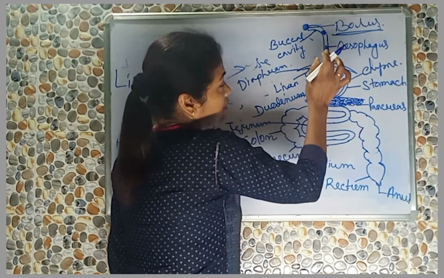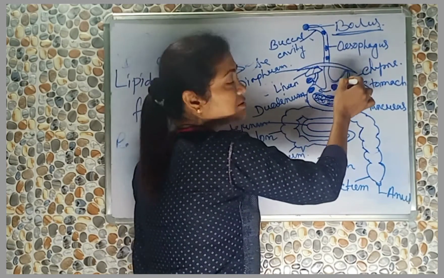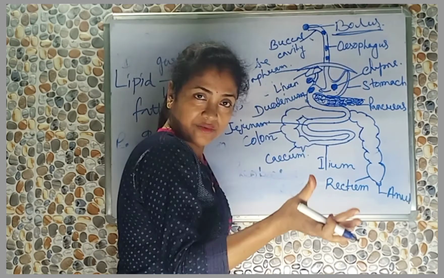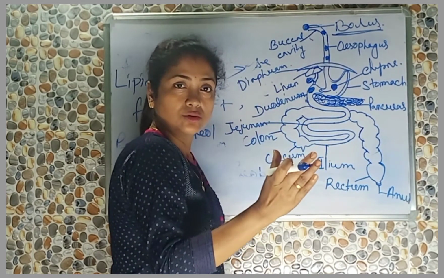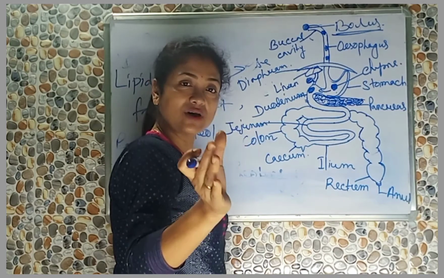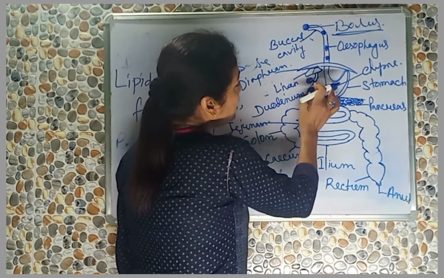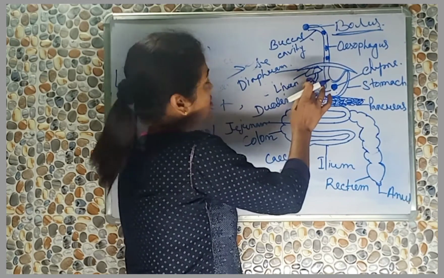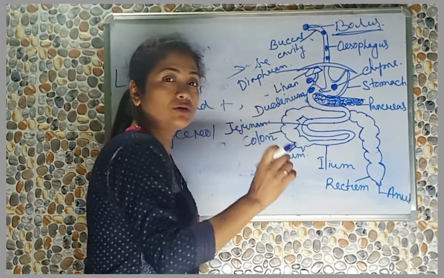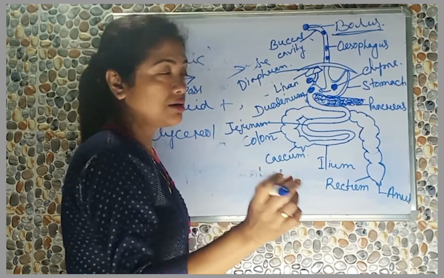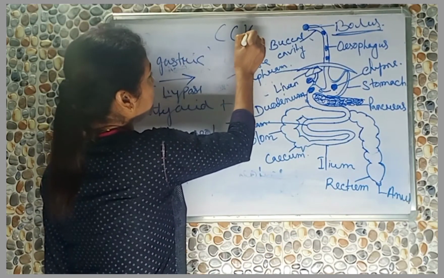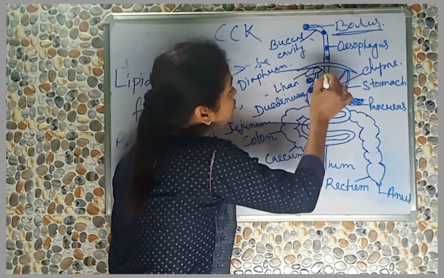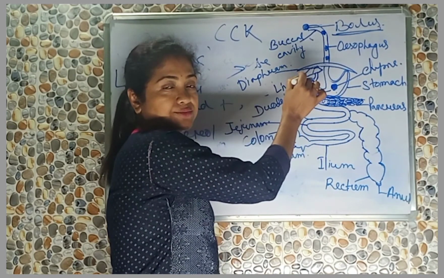The digestion inside the stomach is activated by a hormone known as gastrin. So likewise, in the duodenum part, a hormone called cholecystokinin or CCK activates the gallbladder to squeeze out the bile.